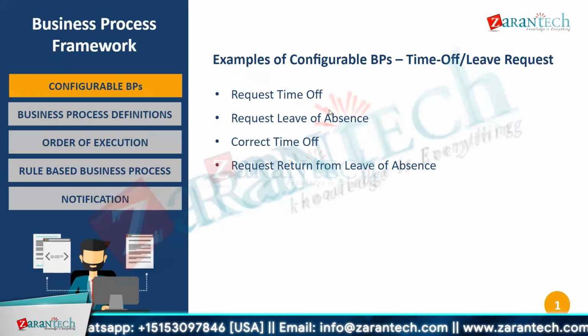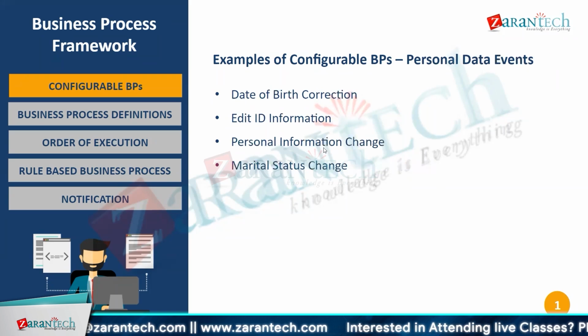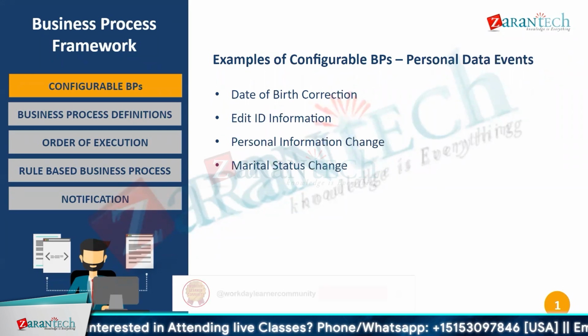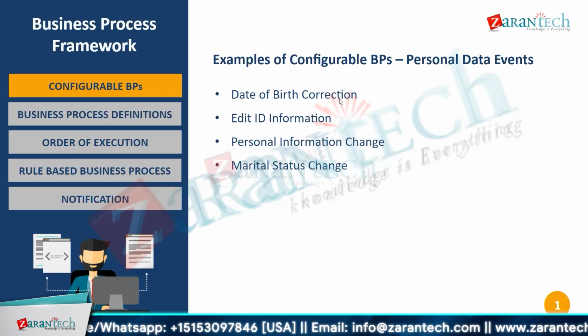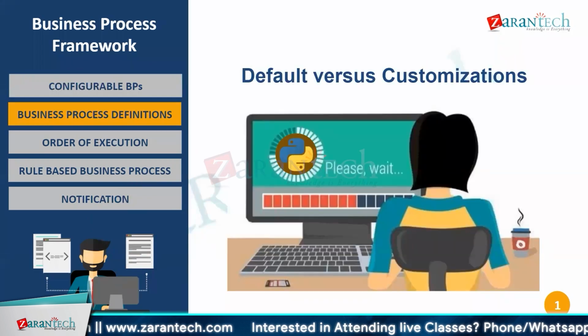So all these high-level tasks are managed through business processes. Examples of configurable BPs for personal data events are date of birth correction, edit ID information, personal information change, marital status change.